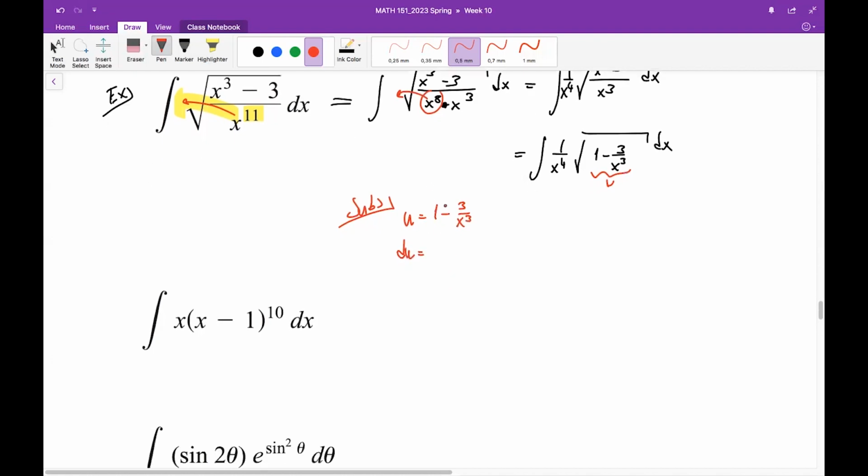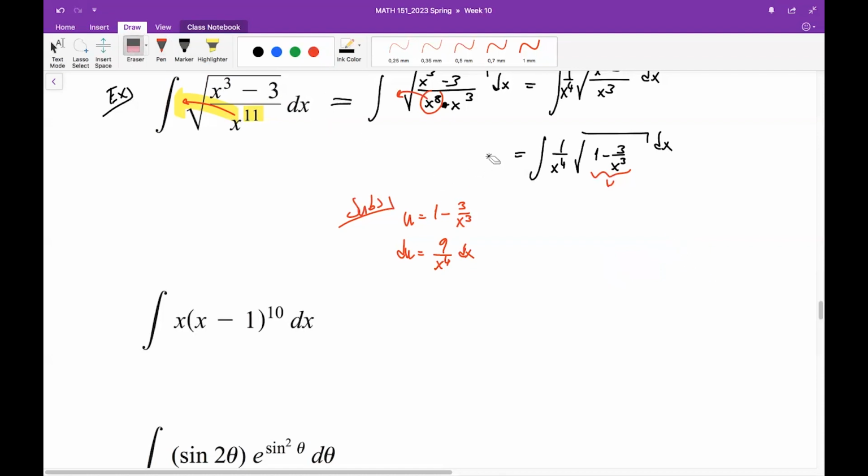Okay, what is the derivative of minus 3 over x cubed? This is, in fact, minus 3 times x to the power minus 3. Take the derivative, minus 3 comes down, you subtract 1 from the power, so x to the power 4. So the derivative of this expression is, in fact, 9 over x to the power 4. Don't forget to put the dx at the end.